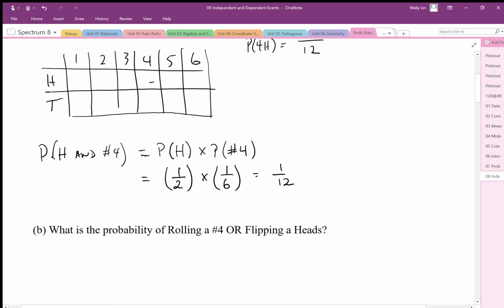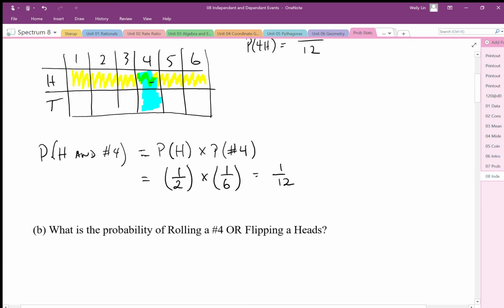I can roll a number 4. That would be represented by these two events here. And flipping heads would be indicated by this part of the sample space here. To combine these events would be quite complicated to do with some kind of calculation.